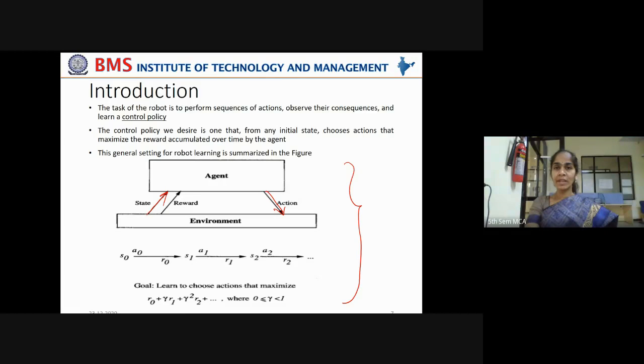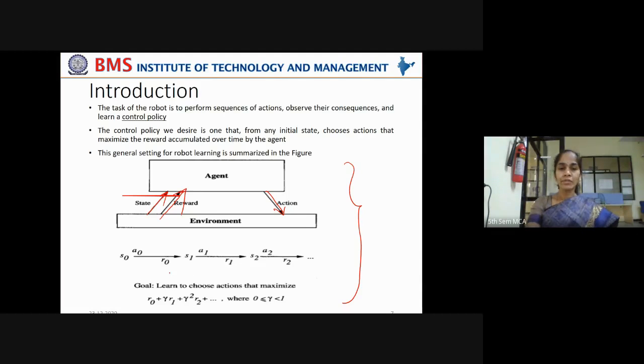The action that is taken from a current state S should be optimal so that it receives rewards from the environment. The environment can directly give the reward or feedback, or it can contain a trainer or a teacher who can give indirect feedback to the agent in terms of rewards.